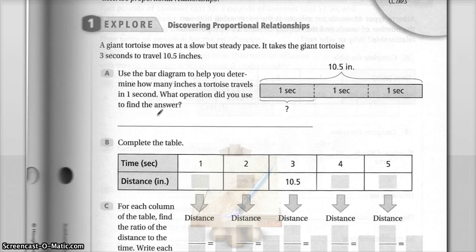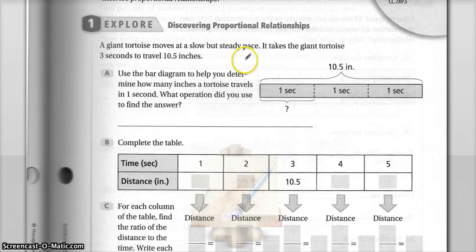So you are supposed to use this bar diagram to help you determine how many inches the tortoise travels in 1 second, in just this box right here. And then it's asking you, what operation did you use to find the answer? So you've got 10.5 for the 3 seconds that this whole bar is broken into, and then they just want to know this 1 second right here.